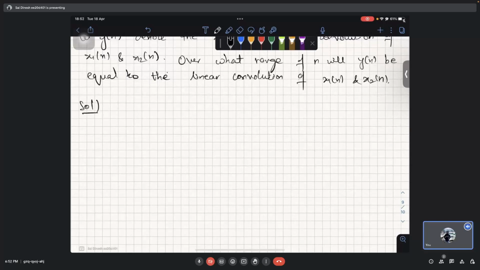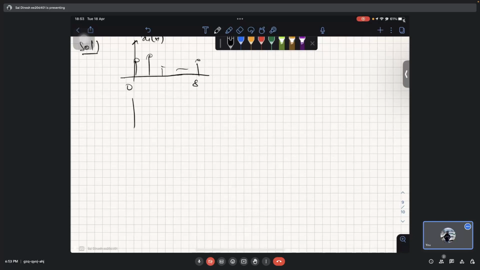So solution, we see that x1 of n has samples from 0 to 8 and x2 of n has samples from 0 to 19, right?